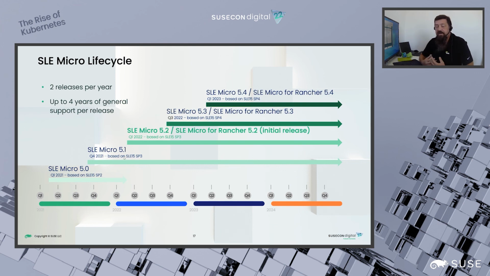You want to keep them up to date from a security point of view, patches and vulnerabilities, but not have that general urge to change to version 5.3. Maybe I start with 5.2 and then drop into 5.4 in a couple of years. It's some very good options.